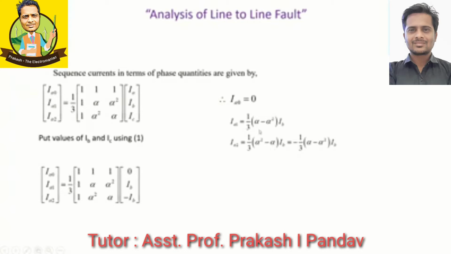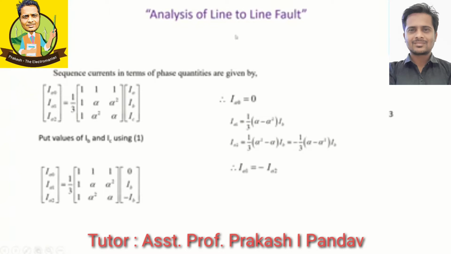Rearranging, we can say it is minus 1/3 (alpha minus alpha square) IB. This is the set of equation number 3. Looking at these two, we can say that IA1 is equal to minus IA2.